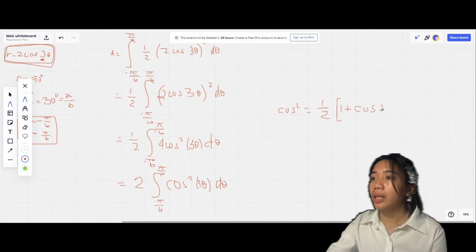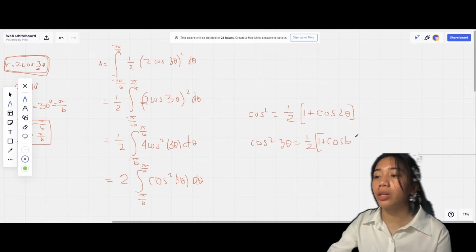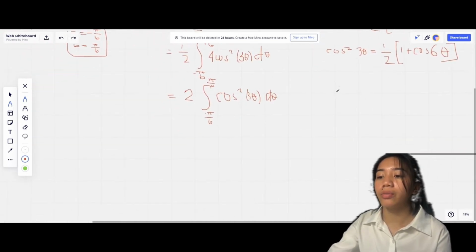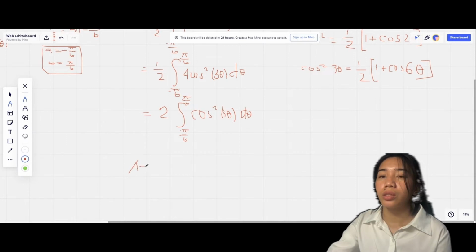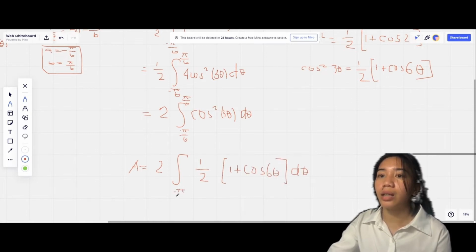Cosine squared 3 theta is then equal to 1/2 times 1 plus cosine 6 theta. Then putting it on our formula, we will have A equals 2 times the integral of 1/2 times 1 plus cosine 6 theta d theta from negative pi over 6 to pi over 6.